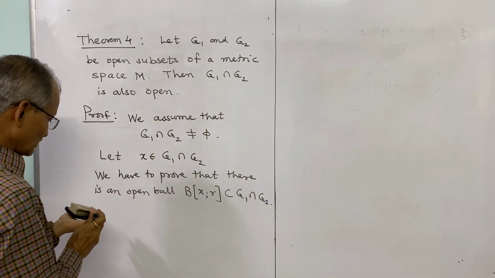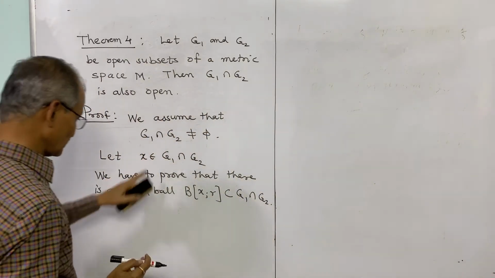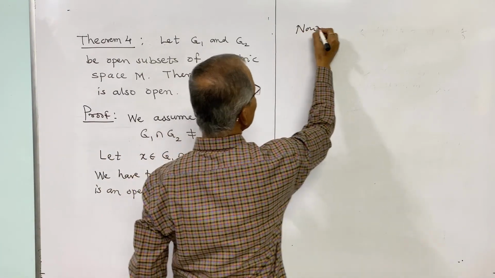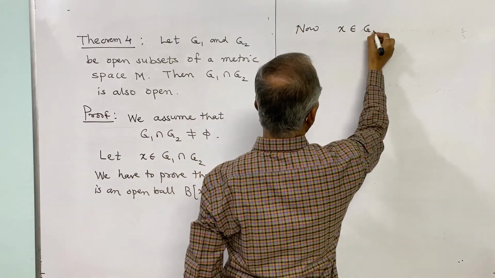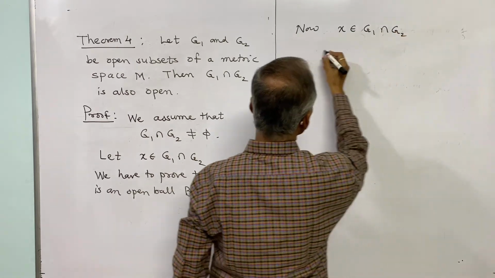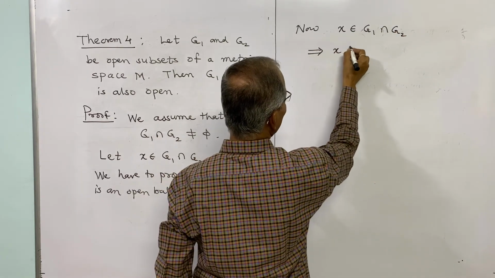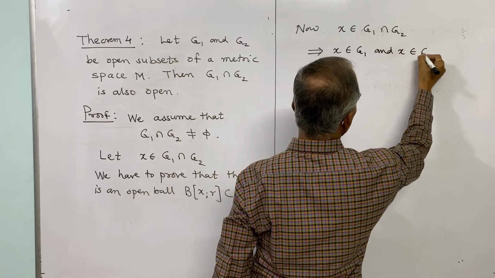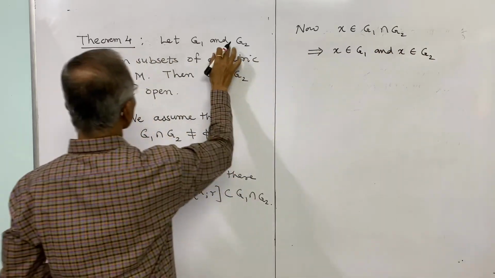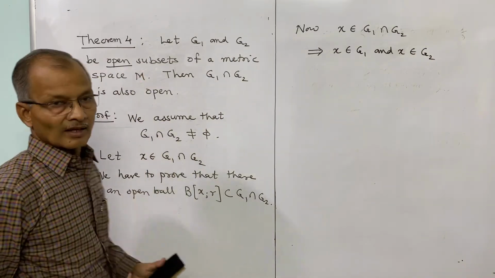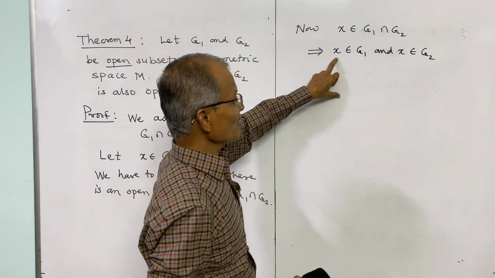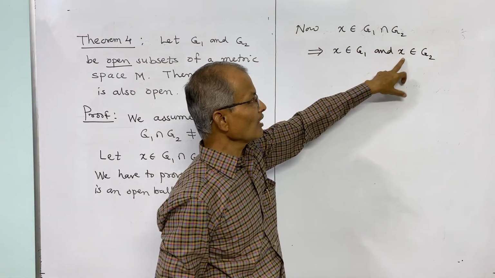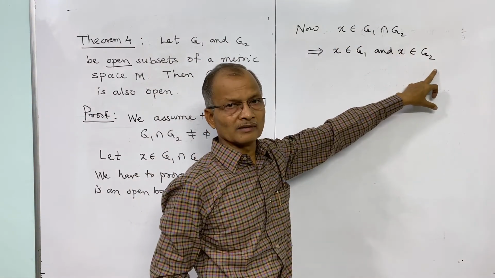Let us consider this x belongs to G1 intersection G2. By the definition of intersection of two sets, this implies x belongs to G1 and x belongs to G2. Now because G1 and G2 are open, there exists an open ball around x which is entirely in G1. Similarly, there exists an open ball around x which is entirely in G2.